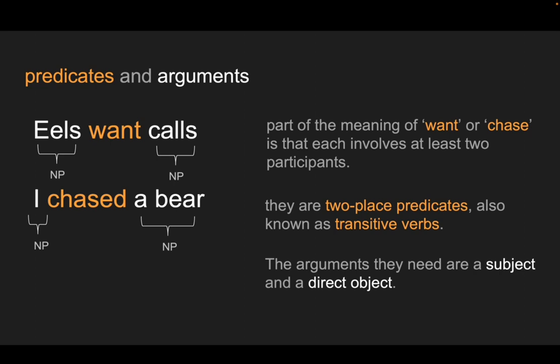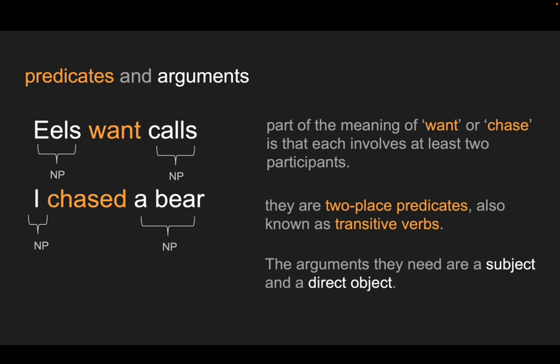So we can call them two-place predicates, or we can call them transitive verbs. When you were a little kid and you learned the word want, you somehow learned that it needs both somebody doing it and something that's wanted. When you learned chase, you had to learn that there's somebody doing the chasing and there's somebody getting chased, right?